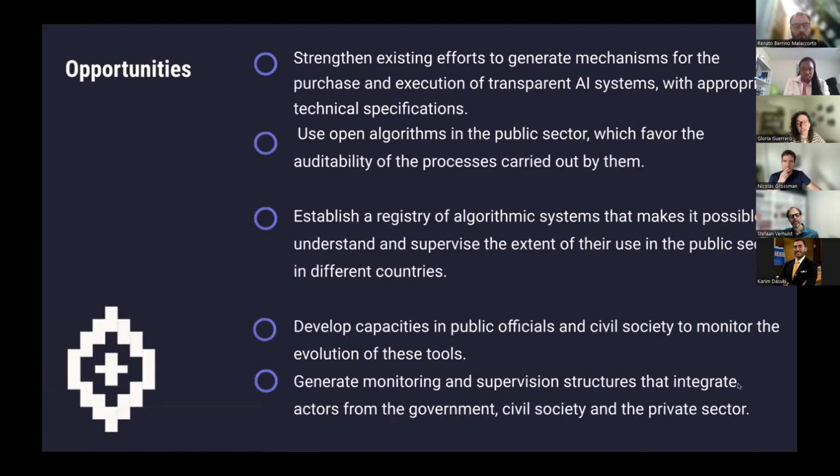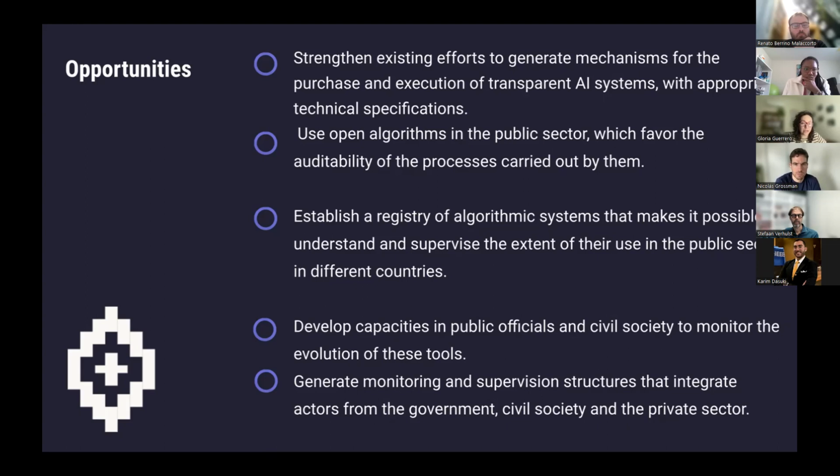And other opportunities, like how we can move forward and what the new opportunities are for the sector, for academia, civil society. We saw that we should strengthen existing efforts to generate mechanisms for the purchase and execution of transparent AI systems. We need to keep an eye on that, like how it's been done and who is involved in those processes.